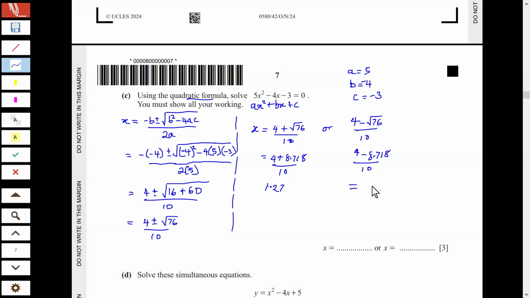So we're going to get a negative value, which is negative 0.472. So the answers here would be x equal to 1.27, and the other value of x will be negative 0.472.